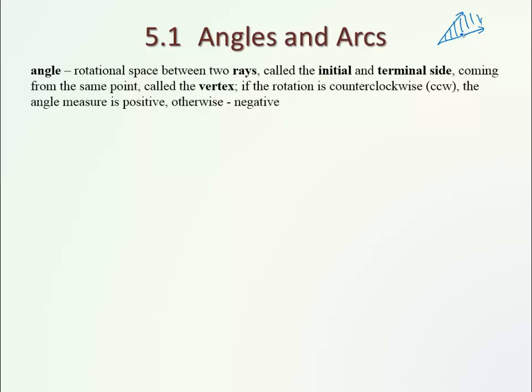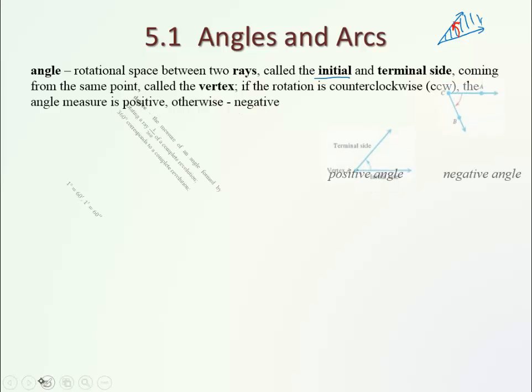The first ray will be called the initial side and the second ray will be called the terminal side of an angle, and the angle opens from the first to the second, so the direction of opening is important. If the angle opens or rotates counterclockwise, then we assign a positive measurement to such an angle, and for clockwise rotation we assign a negative measurement.